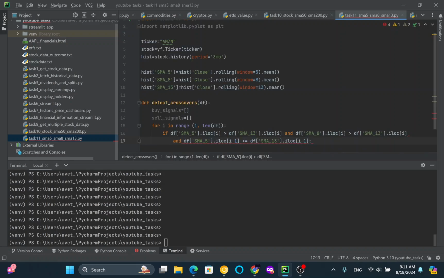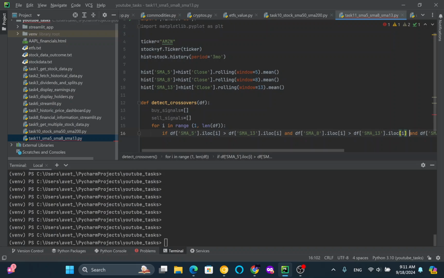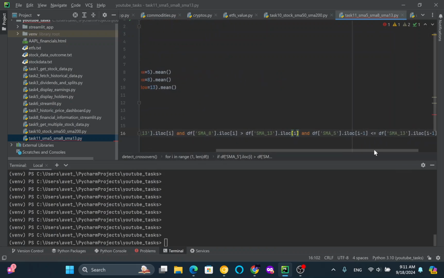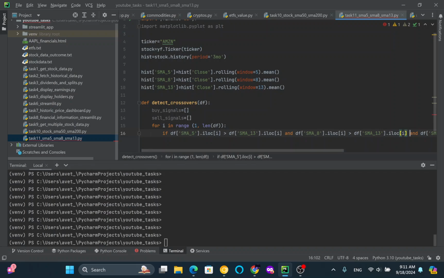Let's go over this one more time. So initially we had three options: SMA5 should be above SMA13, and SMA8 simultaneously should be above 13. To check this, we are running through iloc, which is the method to run over the indexes, like specific rows by their index position.